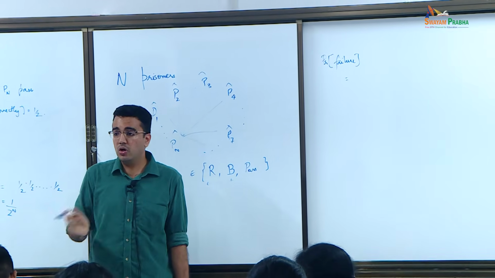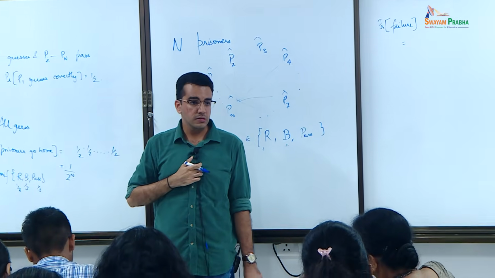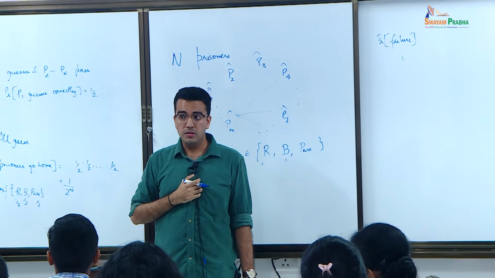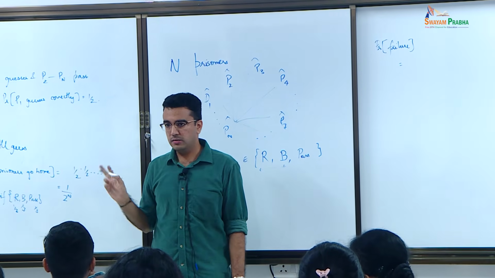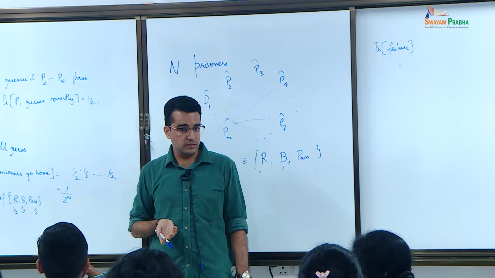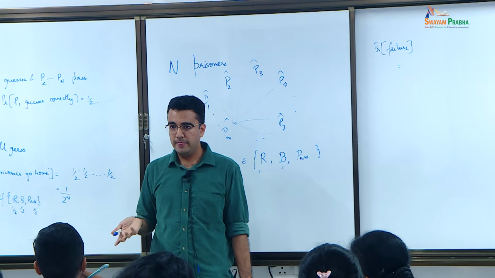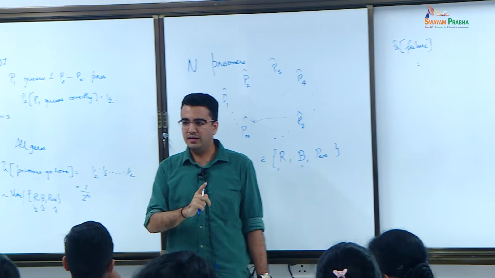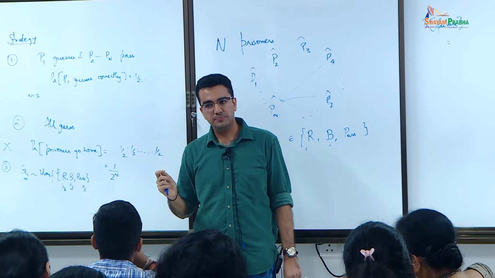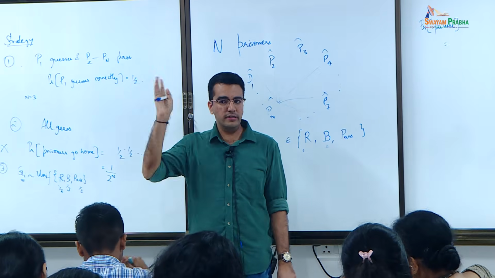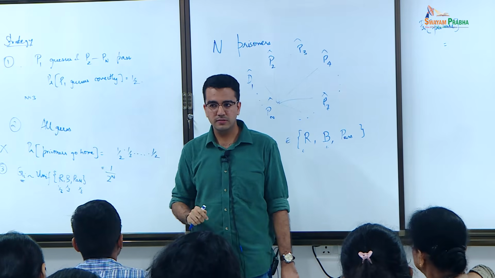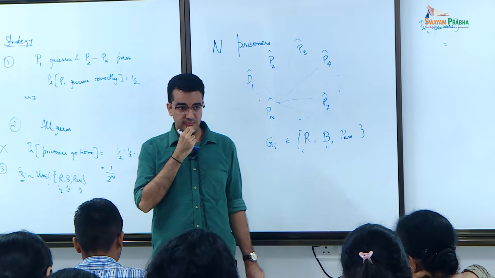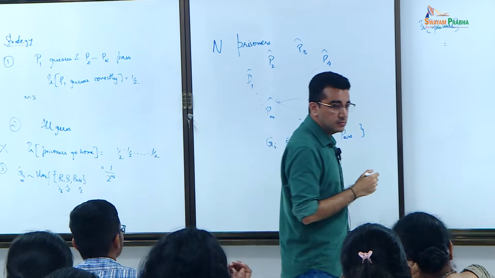So what is the probability that all of them guess red? 1 by 3 raised to the 3. What is the probability that all of them pass? Again 1 by 3 to the 3. What is the probability that one guy guesses red and the other two guys guess blue? Some one guy, not one particular guy. 3, 1 by 9.